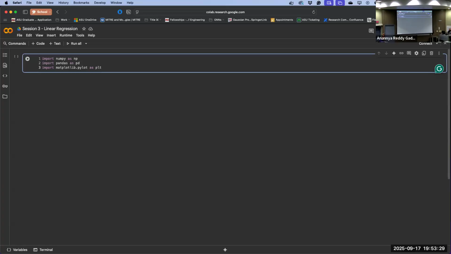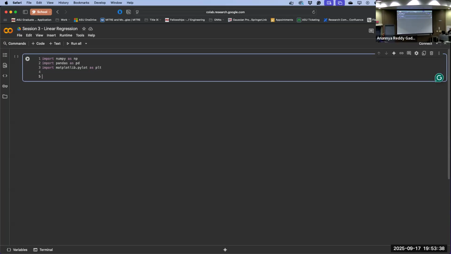We are using matplotlib for plotting the scatter plots and graphs. Good, so you can just type along with me so that you can follow along.